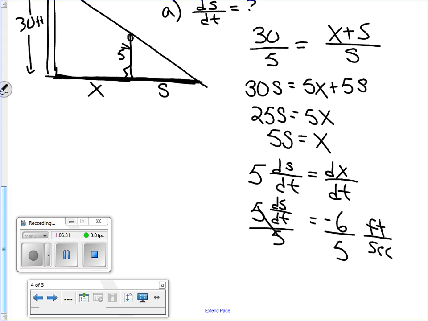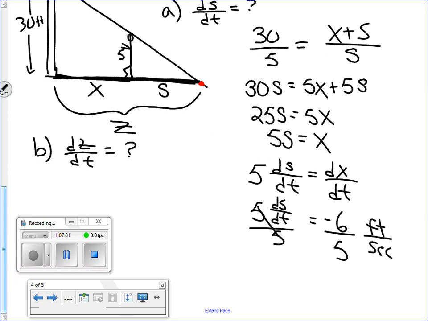Now, for the second part, it says how fast is the tip of his shadow moving? The tip of his shadow is here. To figure out how fast that's moving, we have to figure out at what rate this whole distance is changing. Let me call that z. Call it whatever you want. So for part B, I've got to find dz/dt.